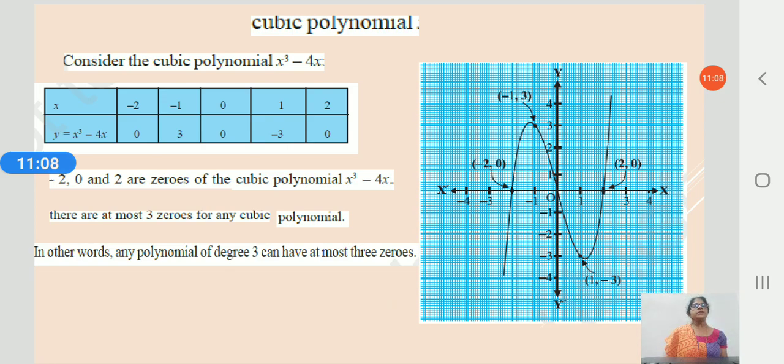Negative 2, 0 is the first point, second is 0, 0, and third point is 2, 0. Hence we can see that the graph intersects the x-axis at negative 2, 0 and 2. That means the cubic polynomial has maximum 3 zeros. That is, any cubic polynomial has maximum 3 zeros.